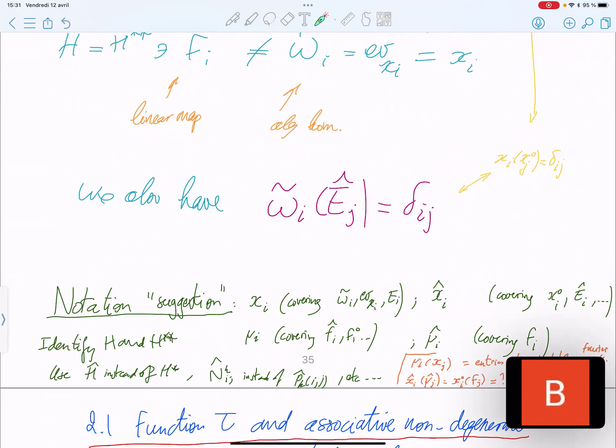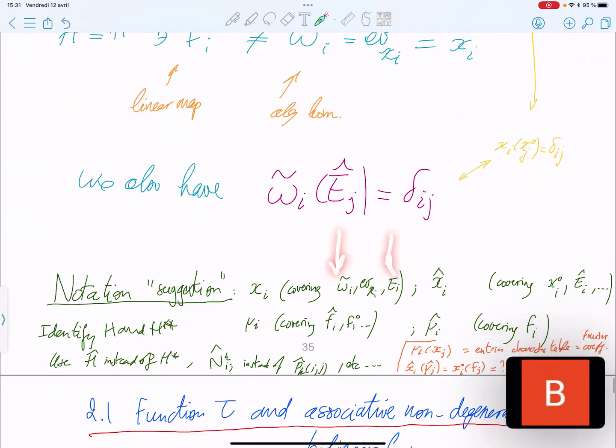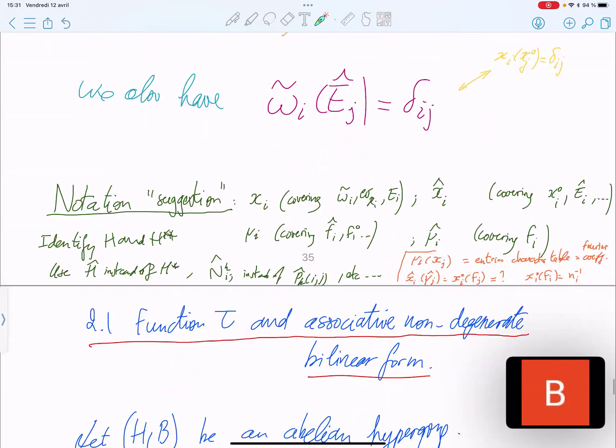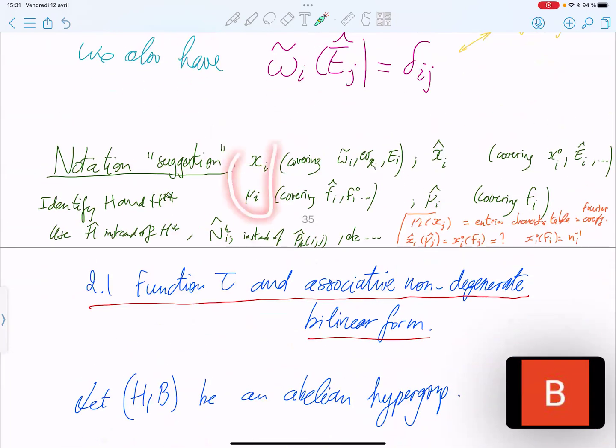Sometimes it's more convenient to use this notation or this notation. You use this notation when you are talking about the primitive central idempotent. Anyway, the point is we can reduce everything to that, if we choose.